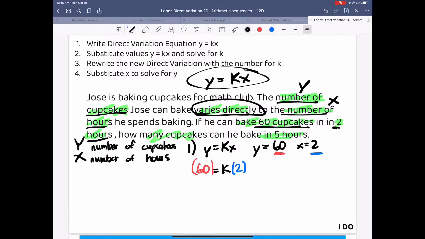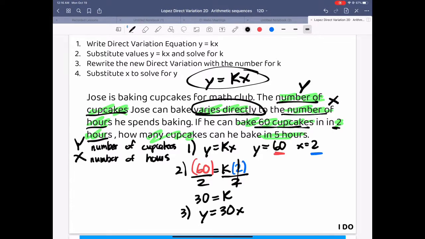Since k is multiplying 2, I'm going to divide by 2 because that's the inverse of multiplication. 2 divided by 2 gives me 1. 60 divided by 2 gives me 30, which is equal to k. So that means my equation is going to be y is equal to 30 times x.